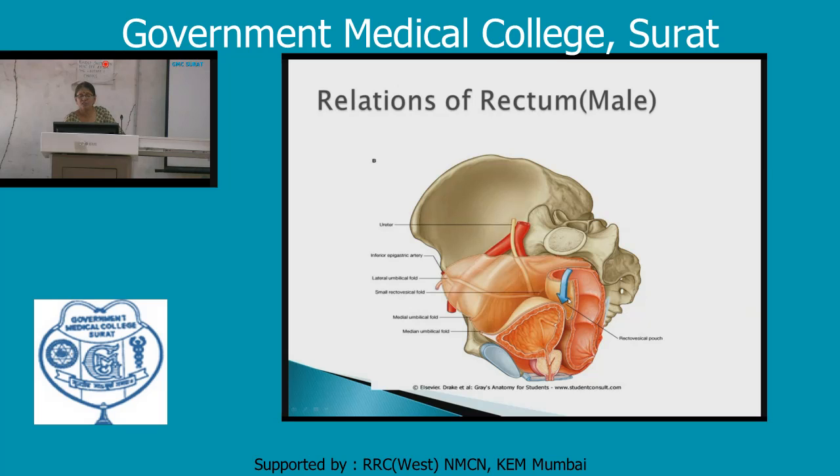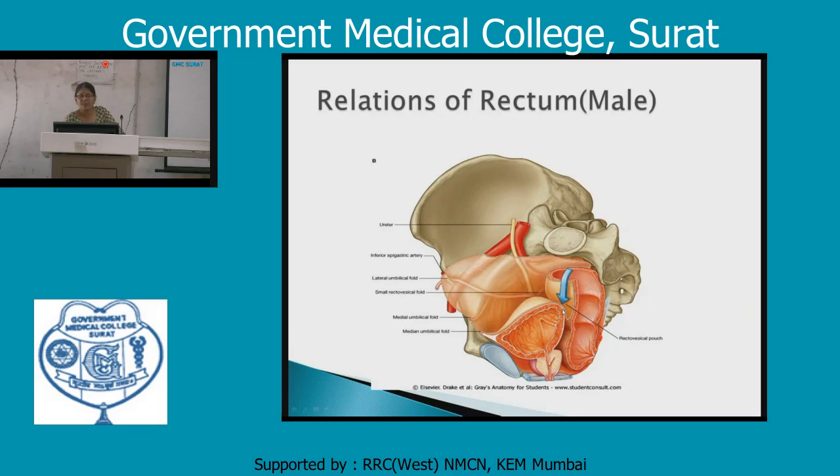So the upper 2/3 of the rectum is related anteriorly to the rectovesical pouch, which separates it from the upper part of the base of urinary bladder.